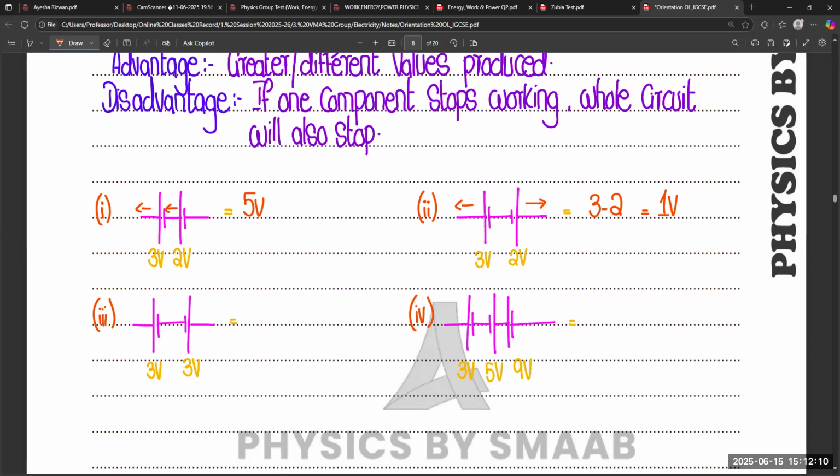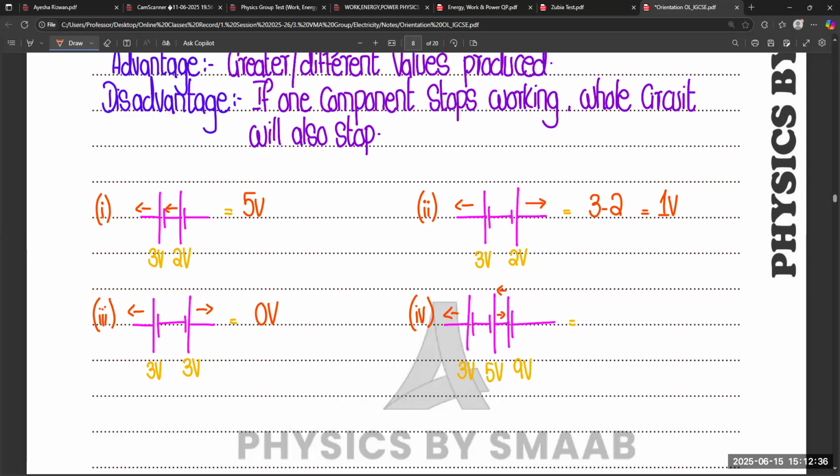Then we have the third option. In the third option, again, we have the same type of combination, but we have the same values also. So this will give you 0 volt, no voltage. And in the third combination, we have left hand side, then right hand side, then one left hand side.